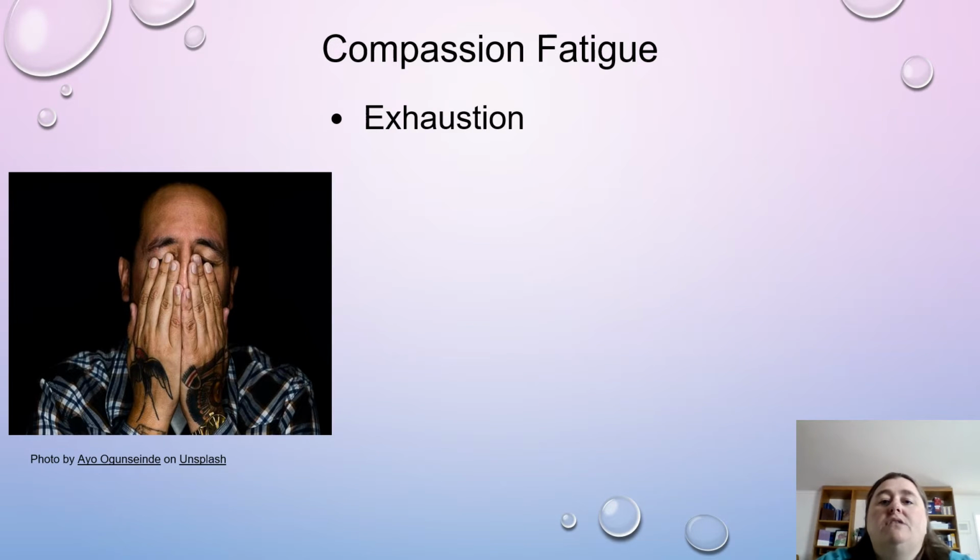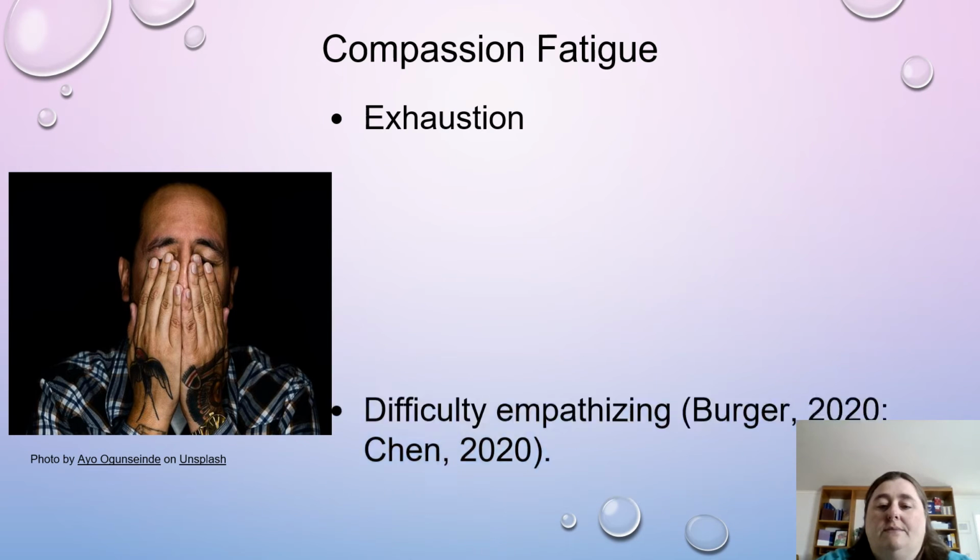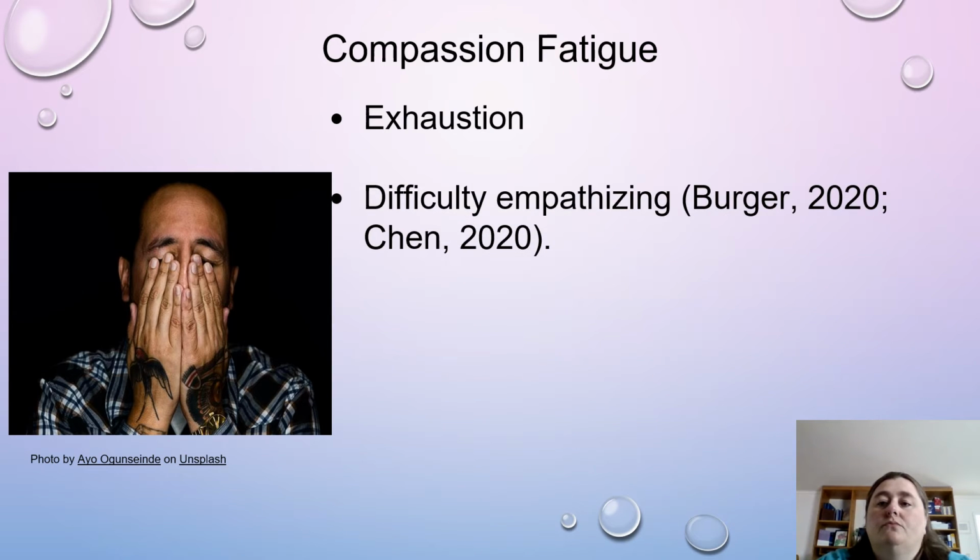Compassion fatigue includes the emotional, physical, cognitive, and behavioral drain or exhaustion that can occur in helping professionals secondary to the demands of the job. This compassion fatigue makes it more difficult to empathize with clients. The overwhelming amount of emotional energy that is needed to provide care for clients drains the practitioner's stamina.